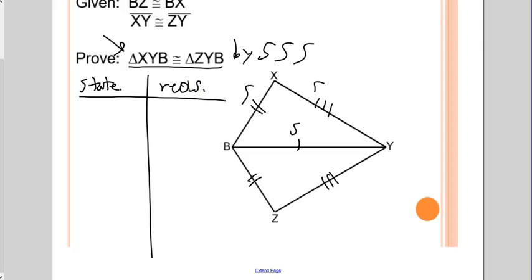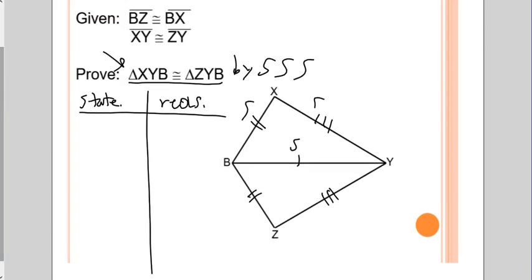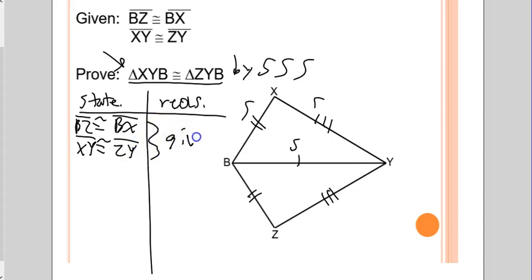All right? So, first off, we start with the given. What was told to us? BZ is congruent to BX. XY is congruent to ZY. Both of those were given. No big deal. Now, what did we add to the information?